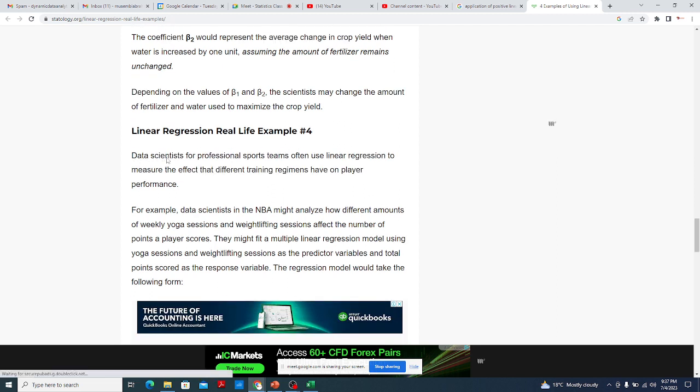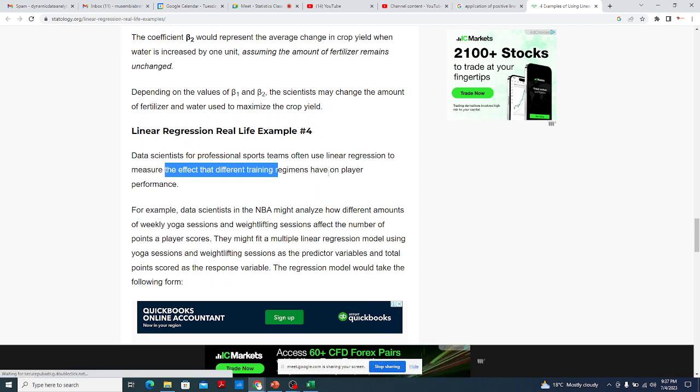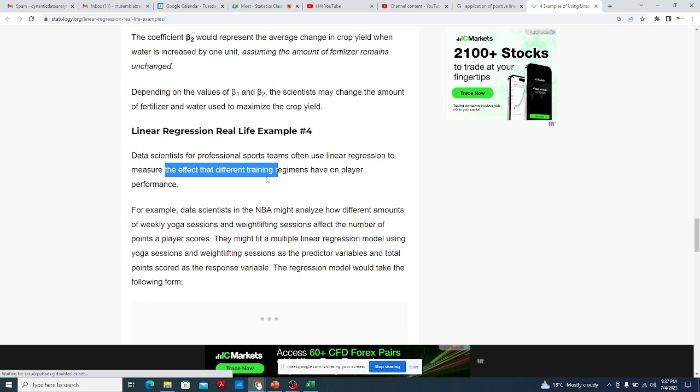Also, data scientists for professional sports teams use linear regression to measure the effect that different training regimes have on players' performance.